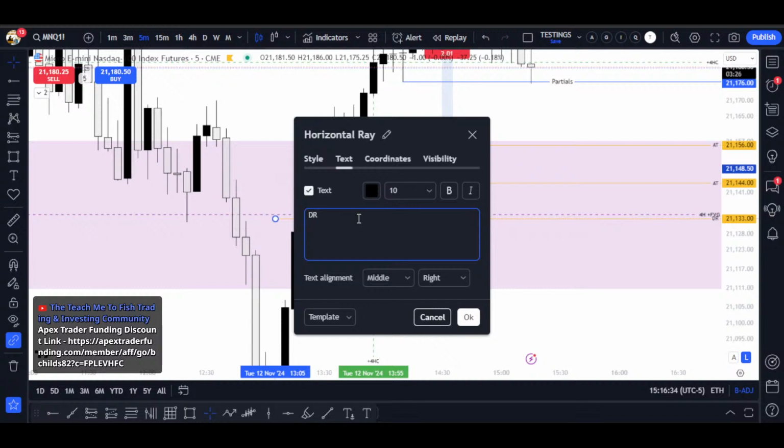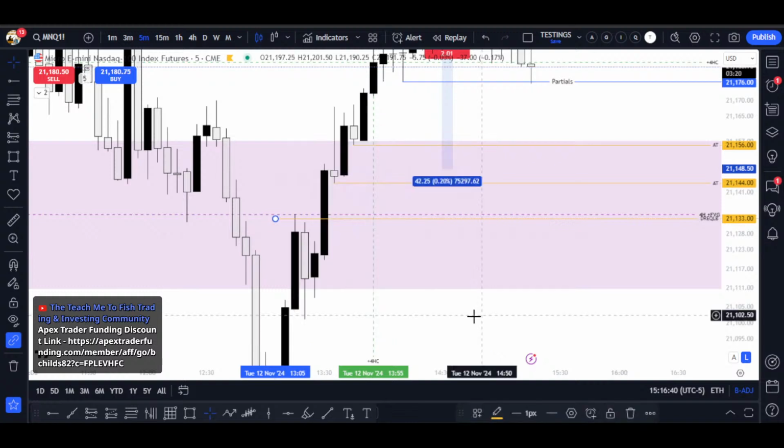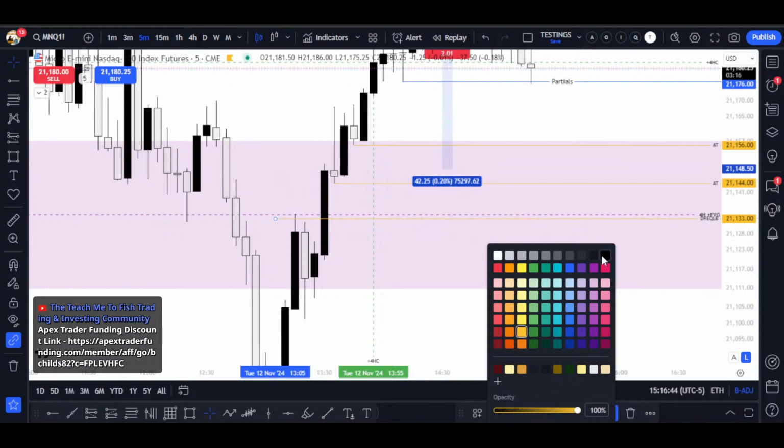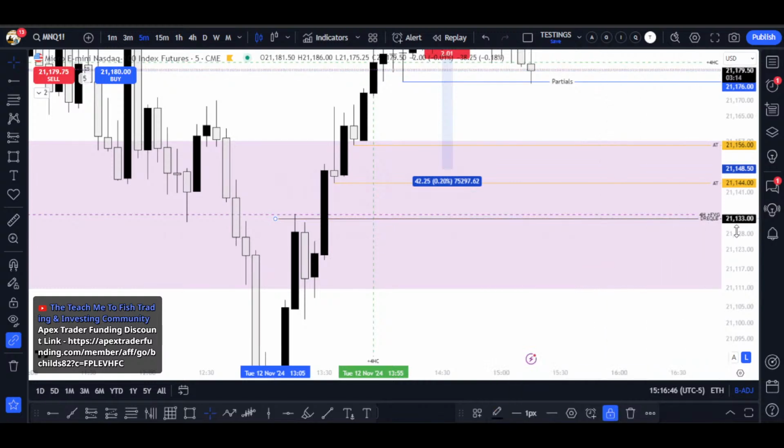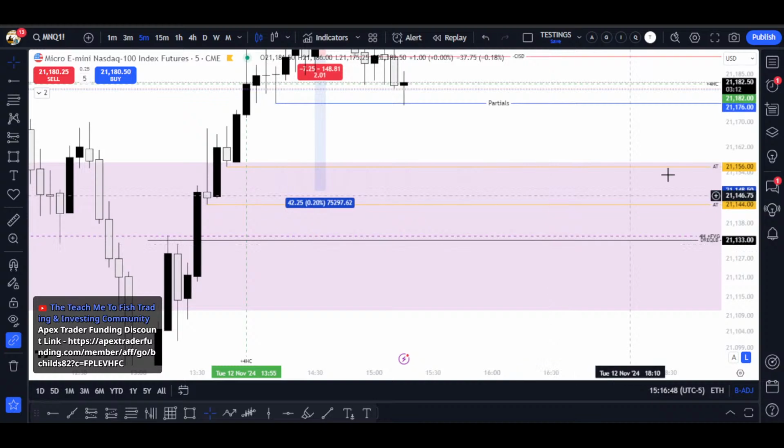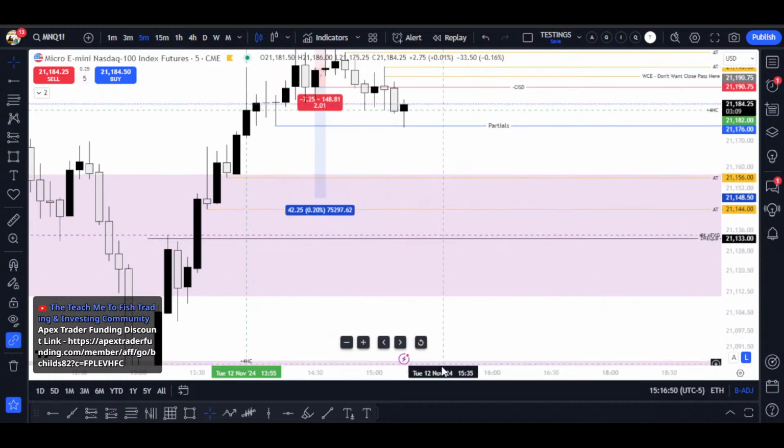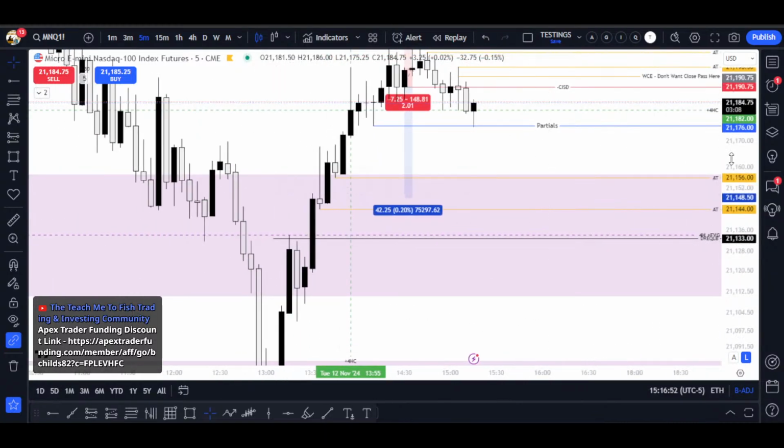Dealing range, equilibrium. I'll make that black. So 21,133 flat will be a good entry for me.